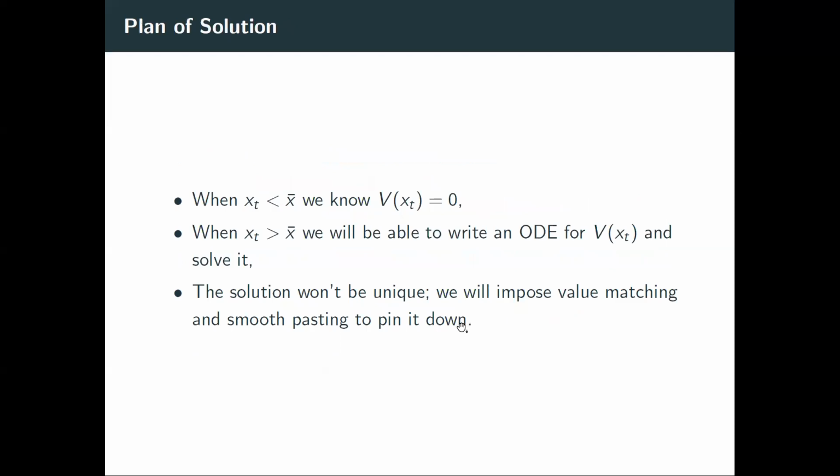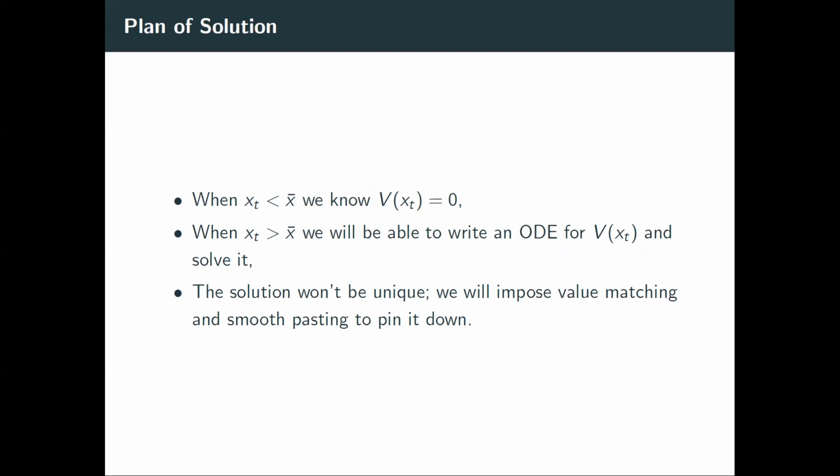And again, as in the previous lecture, this first case is trivial. You already know the value function there, but the Bellman equation for this region will result in a differential equation.